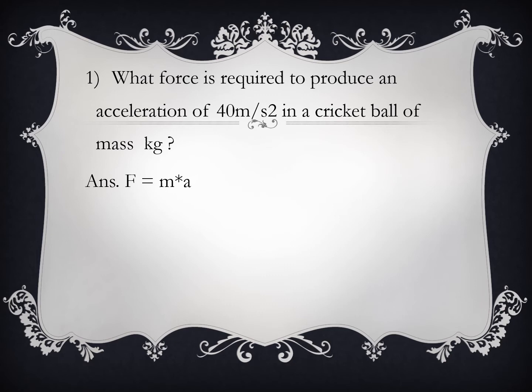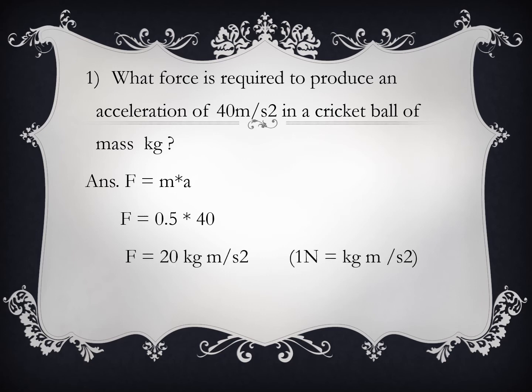Thus, F is equal to 0.5 kg into 40 meter per second square. Hence, the result we get is 20 kg meter per second square. We know that 1 kg meter per second square is equal to 1 Newton.